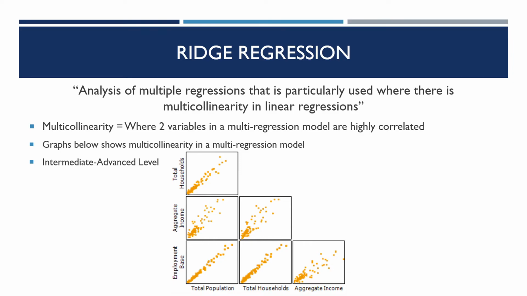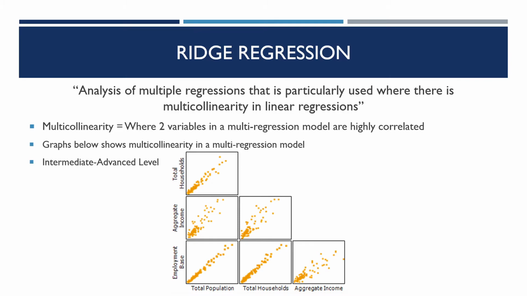So in the graph below, you see a multi-regression model, i.e. multiple regressions have been performed, and I pay particular attention to the bottom left table and the bottom middle table, where they show 2 graphs which are very, very similar to each other.